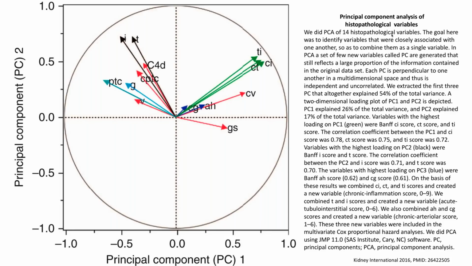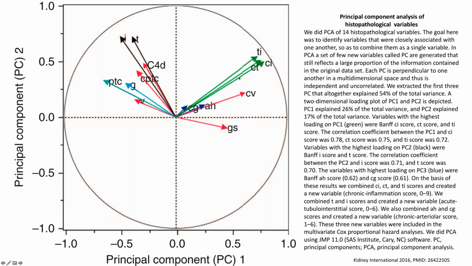The goal here was to identify variables that are closely associated with one another so that they can be combined. So as you can see here, interstitial fibrosis, tubular atrophy, and total inflammation, as expected, were all clubbed together. Interstitial inflammation and tubulitis were clubbed together. Microvascular inflammation, peritubular capillary, and glomerulitis were clubbed together.